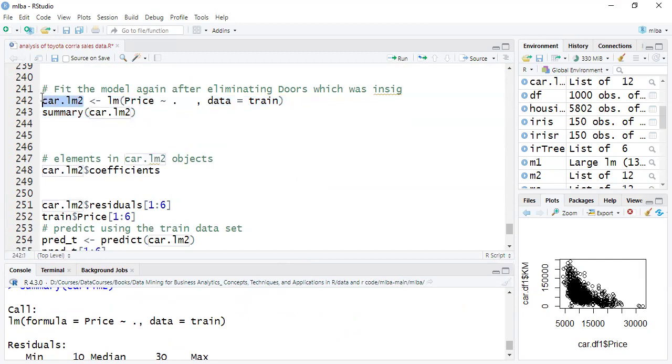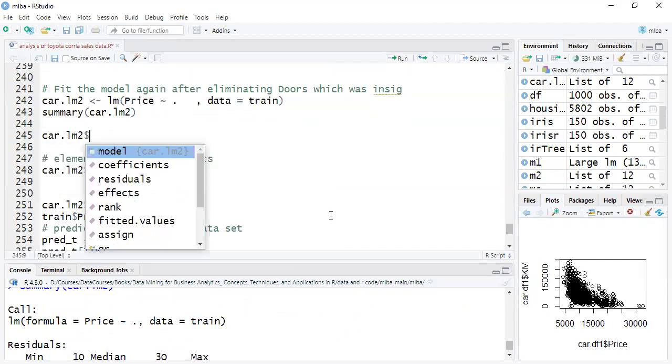Whenever we store the model, car.lm2 is what? Car.lm2 is a structure in which the model is stored, right? So what are the elements of this car.lm2? I am just mentioning car.lm2 with the $ sign.